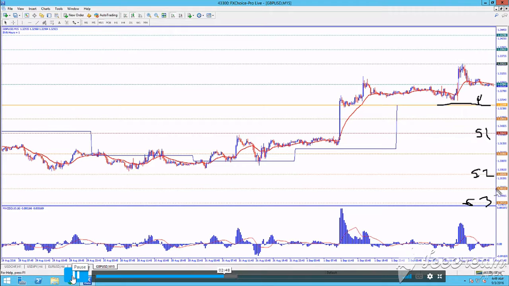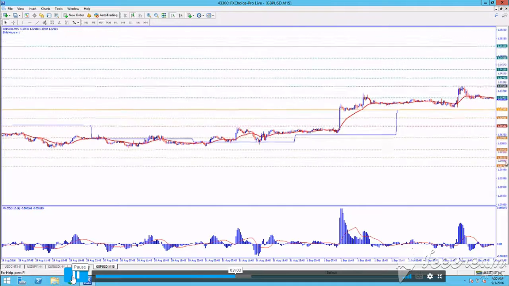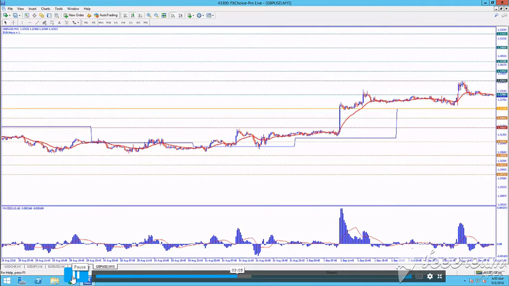S3. The ones in the middle a lot of times are used also as support and resistance, but the main pivot levels are pivot, support 1, support 2, support 3, and also you can look above and you have pivot, then you have resistance 1, resistance 2, and resistance 3.